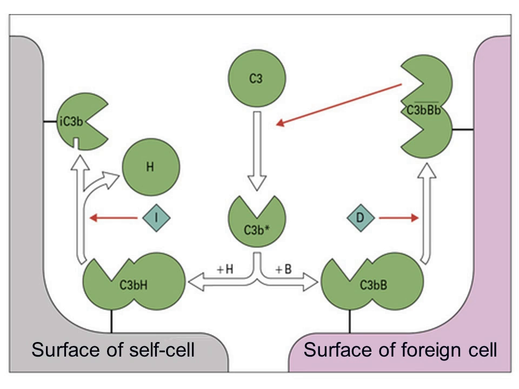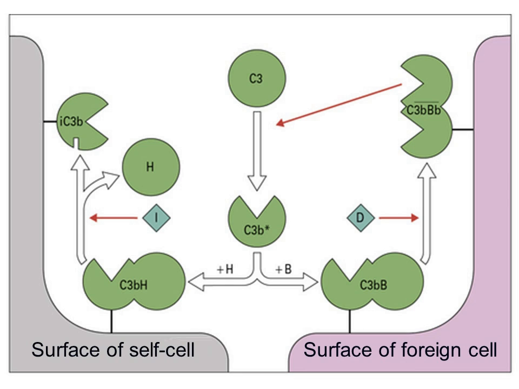And when this active C3b is bound to the surface of a self cell, factor H and factor I act on active C3b, and they convert active C3b into inactive C3b. So now further reactions will not occur.